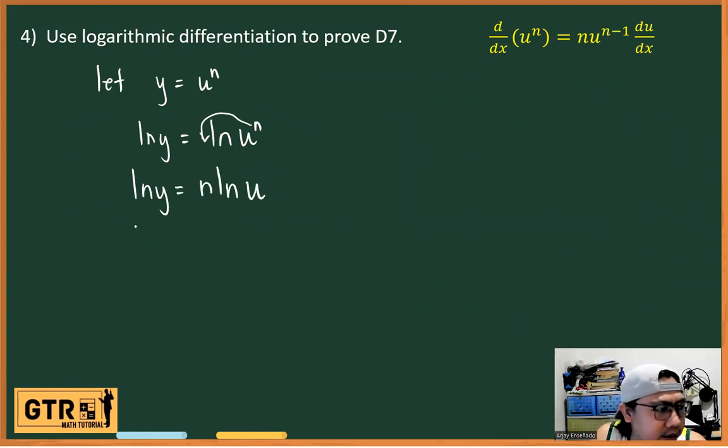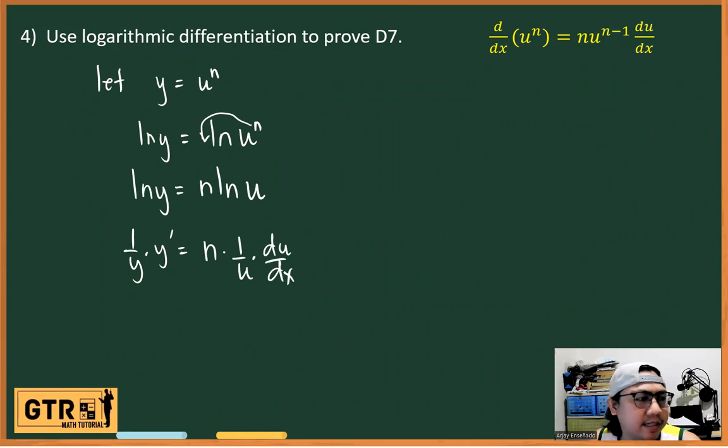Then differentiate. So we have 1 over y times y prime equals, so just n is constant. So we have n times derivative of ln u is 1 over u times derivative of u with respect to x. Okay, so now multiply both sides by y.